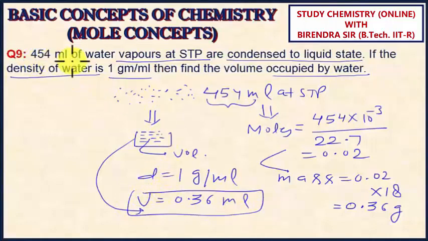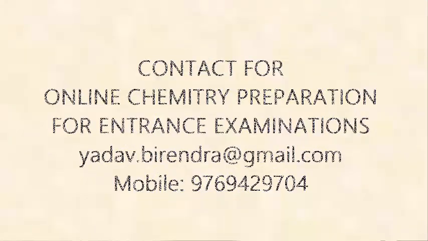So when 454 ml of water vapors at STP are condensed to liquid, the volume will change into 0.36 ml. Point is clear?